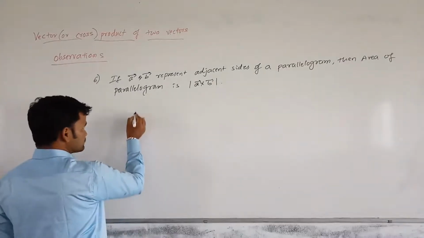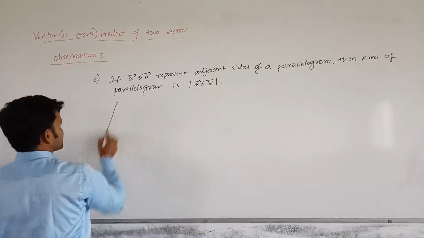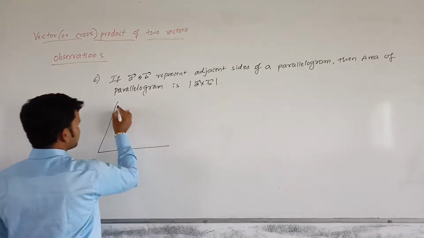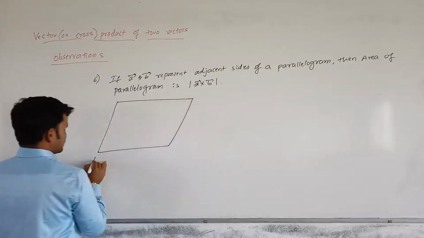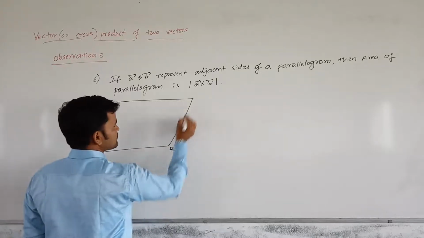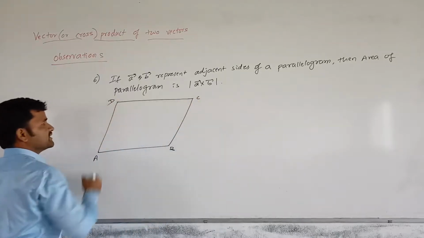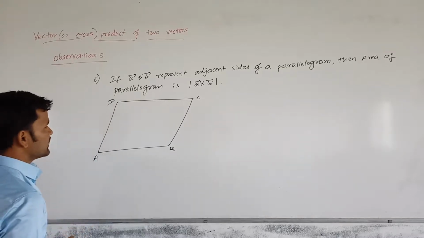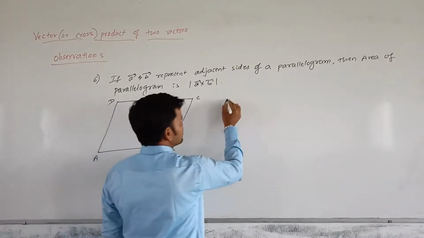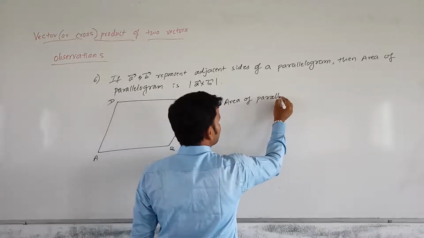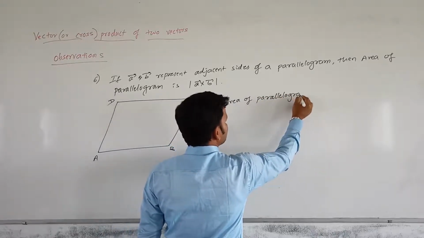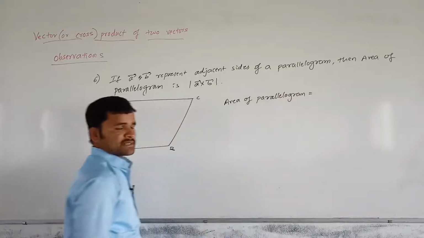Okay. There is a parallelogram like this. Let me represent its vertices as A, B, C, D. What is the area of the parallelogram? The area of a parallelogram is equal to length into breadth.